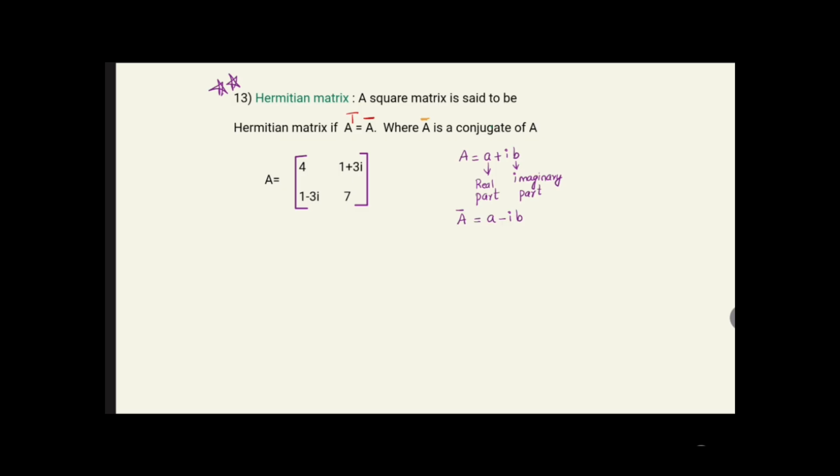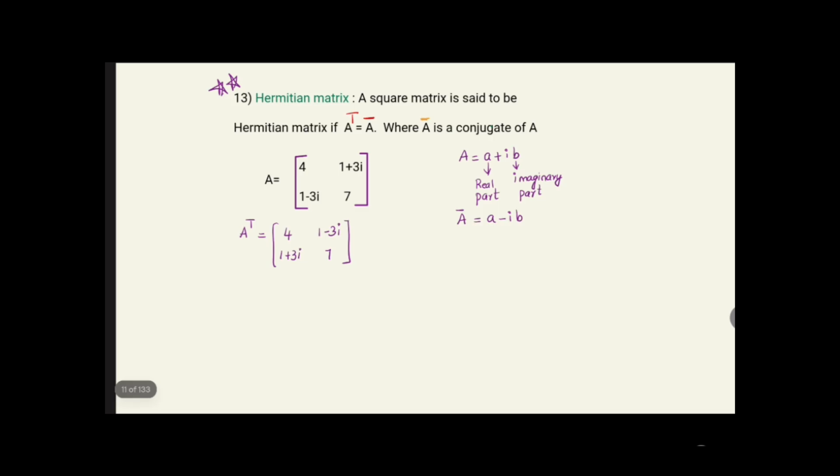Here we have to prove A transpose is equal to A bar. Okay, so A is given here in the question. First write down what A transpose is. A transpose is equal to, simply interchange the rows and columns, that is 4, 1 minus 3i, 1 plus 3i and 7. Yeah, so what is A bar now?